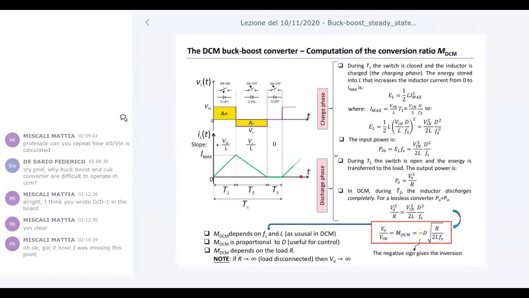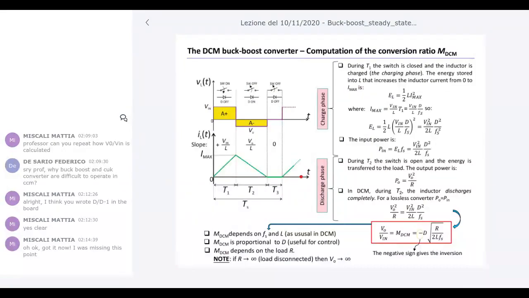At a certain point, the minimum current through the inductor would go negative, but when this current is zero, the diode cannot support a current flowing from the cathode to the anode, so the diode remains interdicted, remains off.